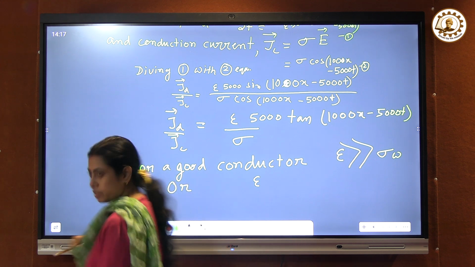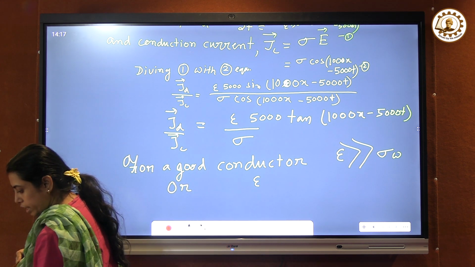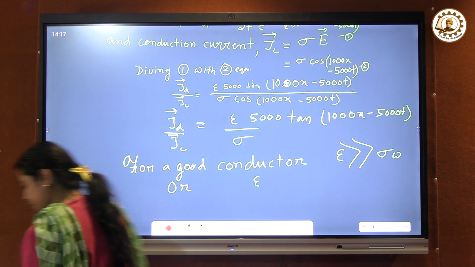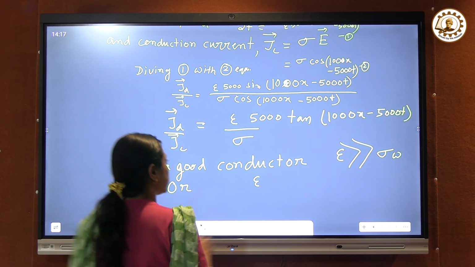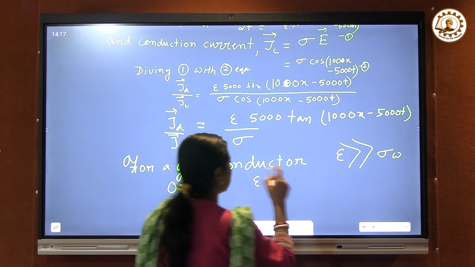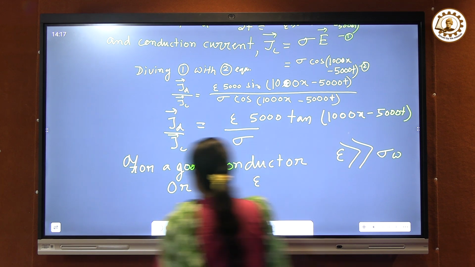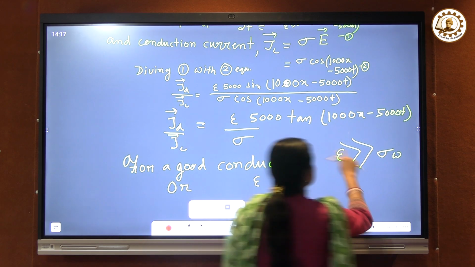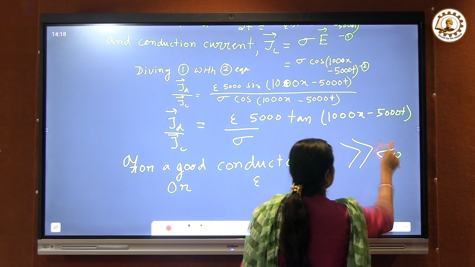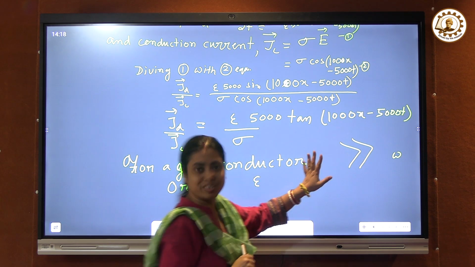One second. Okay, I have to correct here. I have written one symbol wrong here, so be careful about that.